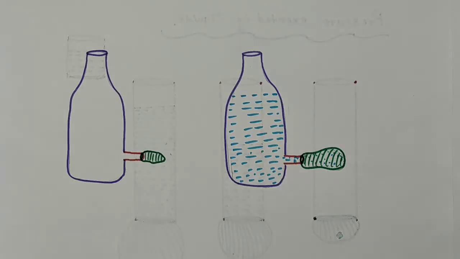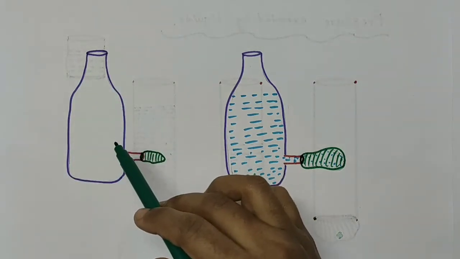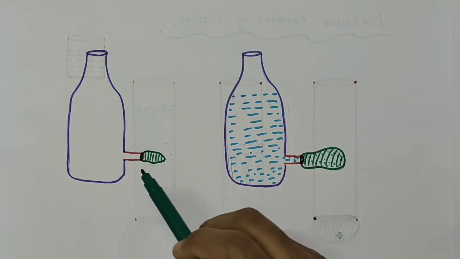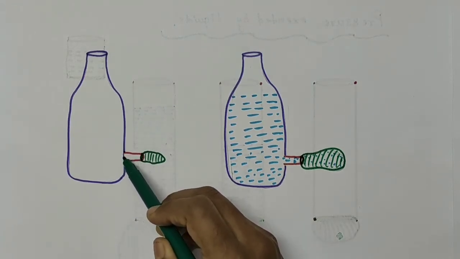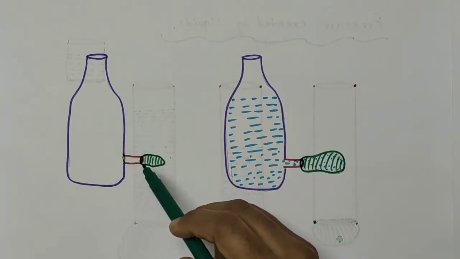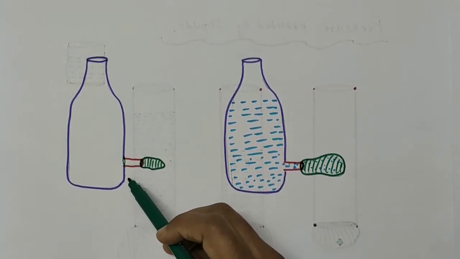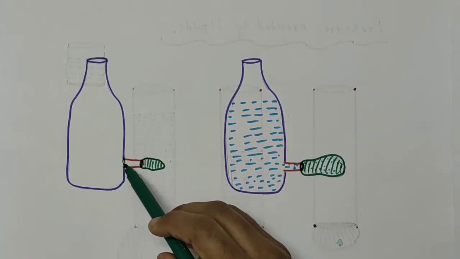Now, let us consider another example. Suppose this is a plastic bottle. We make a hole here on the side of the bottle, near the bottom. Then a cylindrical glass tube, shown by this red colored one, is fixed here.